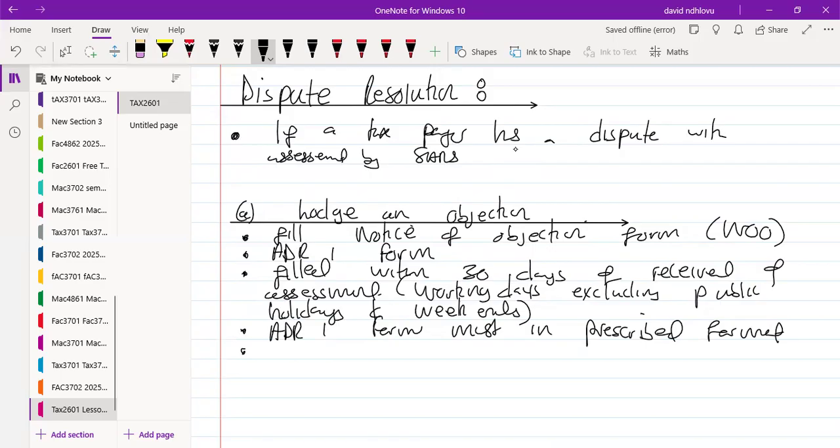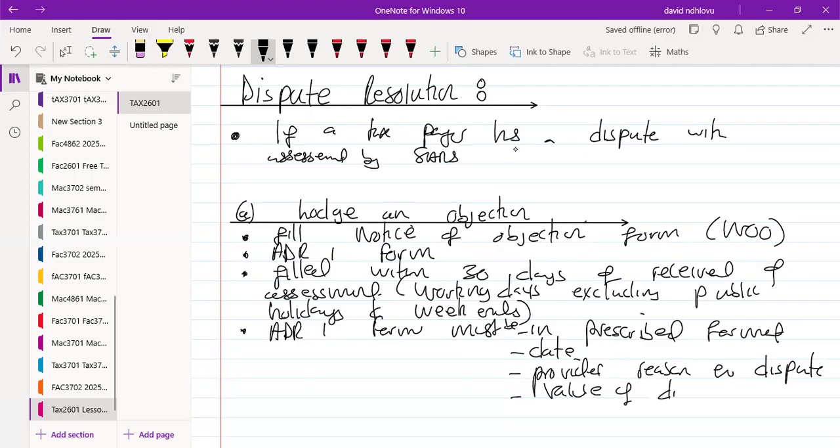It must be dated, it must provide reasons for the dispute, and it must include the value of the dispute.